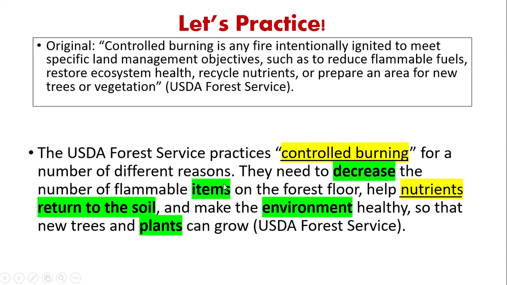Instead of fuels, I have items on the forest floor. Return to the soil instead of recycle. Environment instead of ecosystem. And plants instead of vegetation. So I've replaced a lot of the words here, but I hope you can see that the main ideas are still there. I'm explaining why the Forest Service decides to try to use controlled burning.